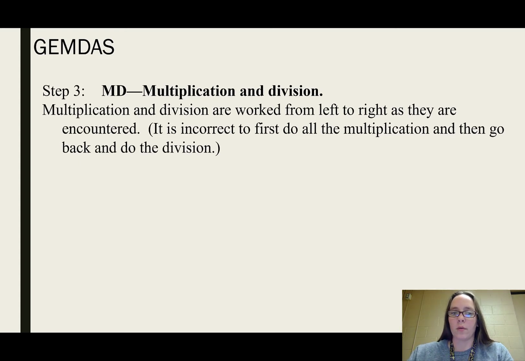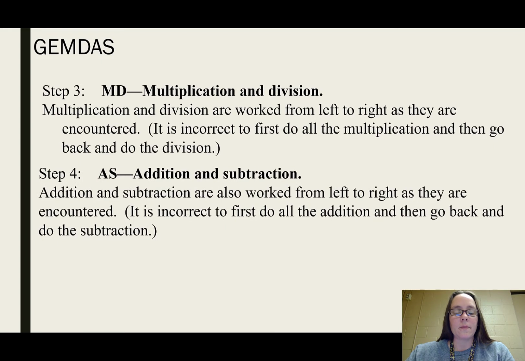We won't do all the multiplication and then division. We will always work from left to right. And then we will have our addition and subtraction. Again, left to right, as we see them. In the next segment, we are going to look at actually solving some examples using this.